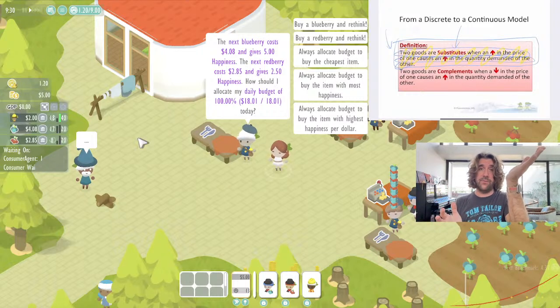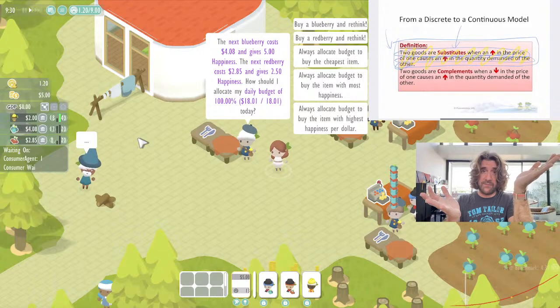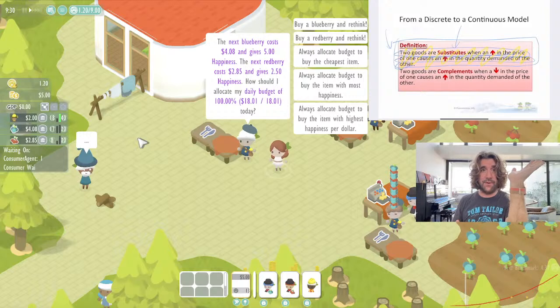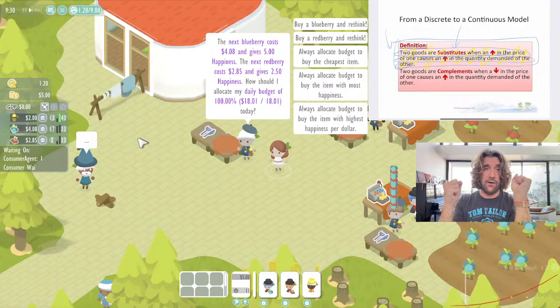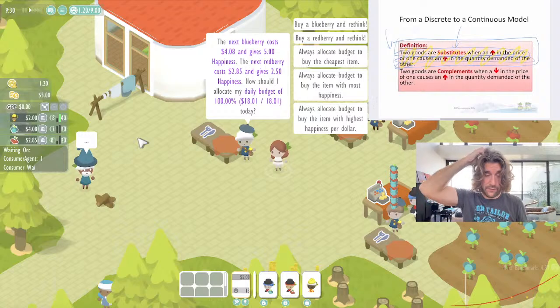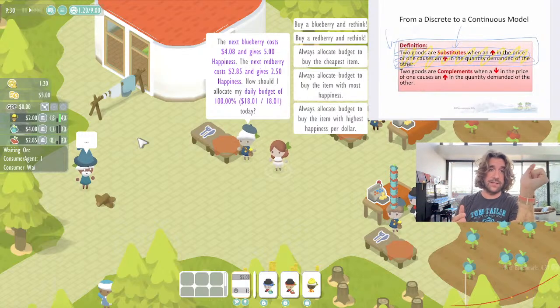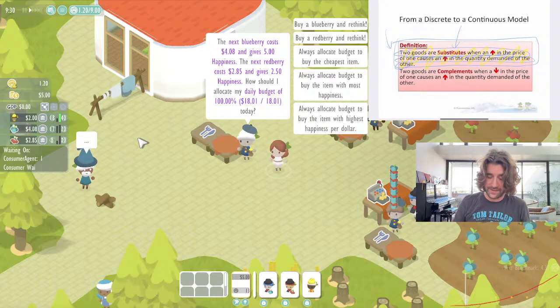Blueberries price up makes you want to consume less blueberries, which means in turn that you're going to consume more red berries. So the price of blueberries and the quantity of red berries go in the same direction. And of course, the same applies if there is a decrease in the price of blueberries: you're going to observe a decrease in the quantity of red berries in the market.